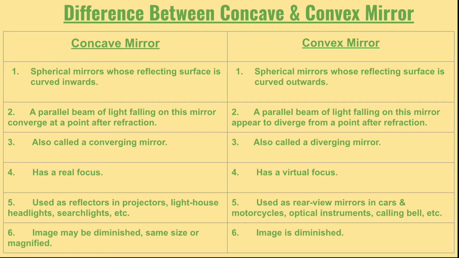The concave mirror is also called a converging mirror, whereas the convex mirror is also called a diverging mirror. A concave mirror gives a real focus, whereas a convex mirror has a virtual focus.